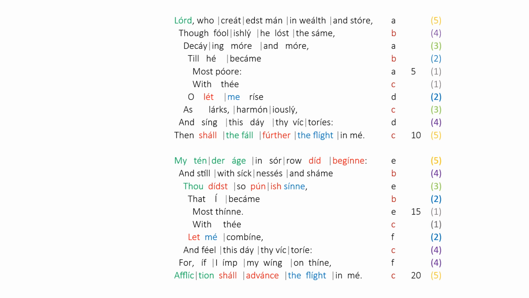in me. All right, so the fall furthering the flight in the speaker has to do with the Lord letting him rise, and larks harmoniously singing the Lord's victories this day is an allusion to the help of the Holy Spirit.